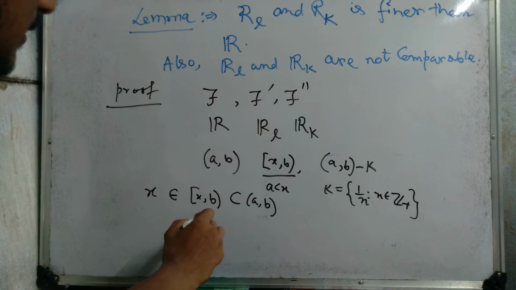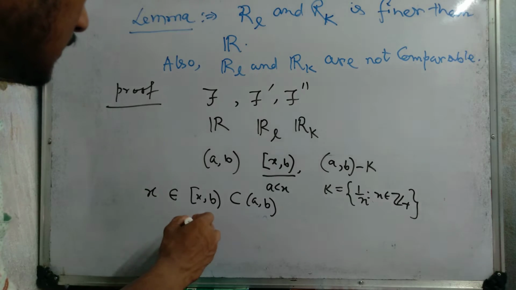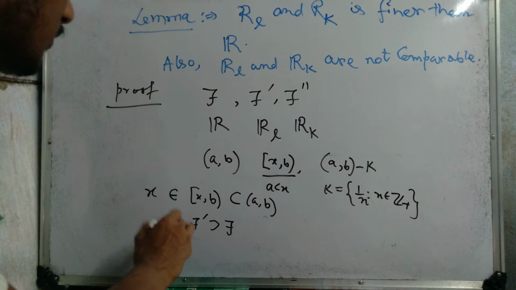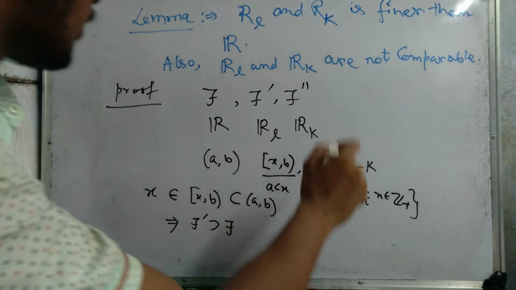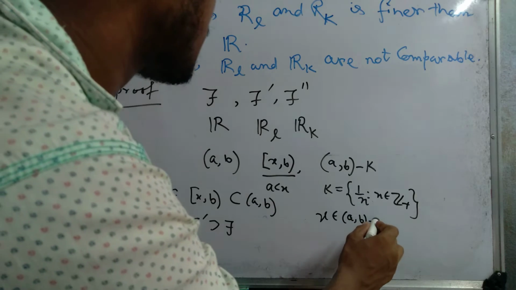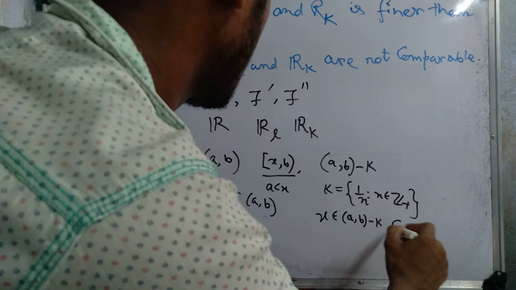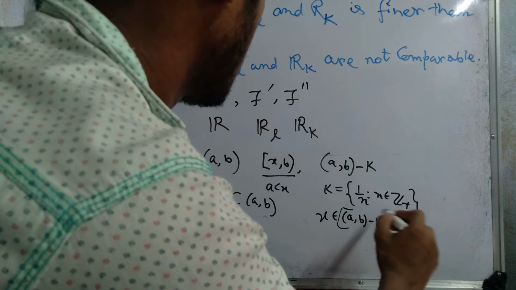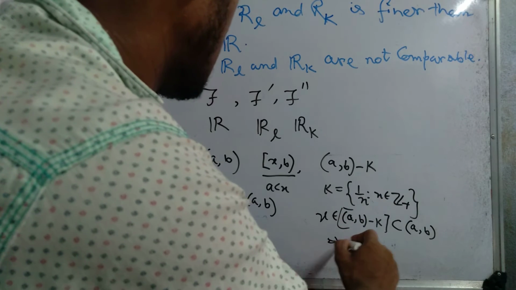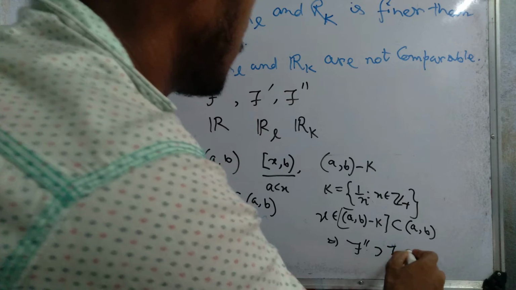That means tau dash is finer than tau. Obviously, from here x belongs to (a, b) minus K, which is a subset of open (a, b). This implies tau double dash is finer than tau.